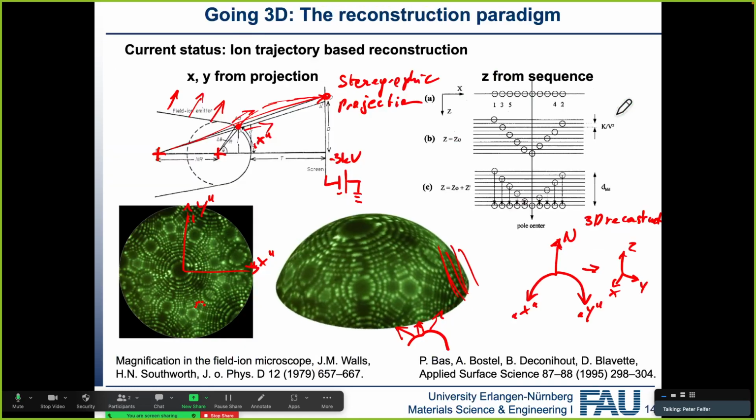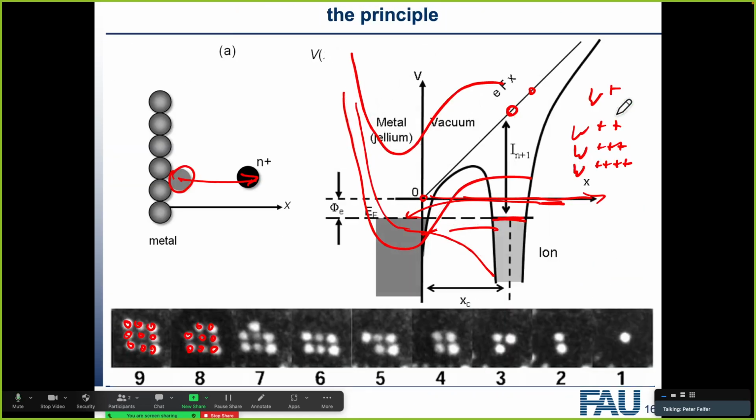And so the higher the thermal contribution is, the lower the field is. So the lower this slope will be, because the slope here is elementary charge times field times distance. And if the field is lower, this will be further out. So lower field for the same material means higher temperature.